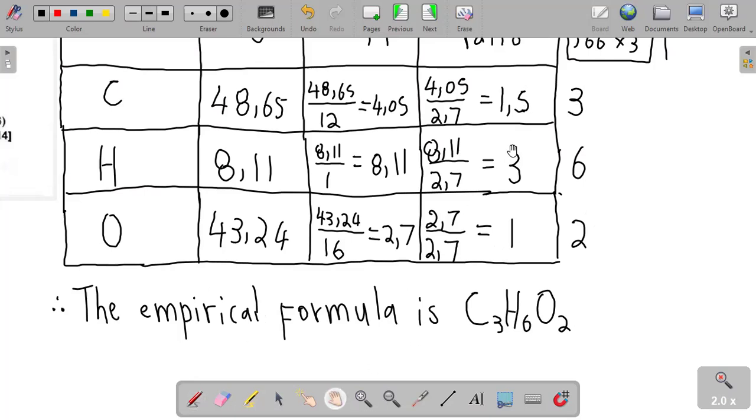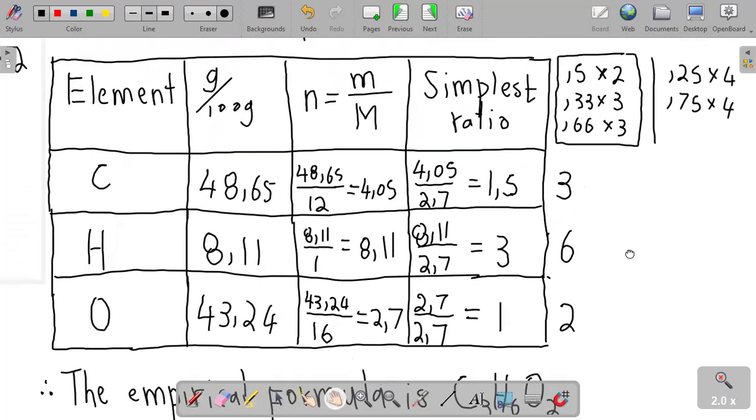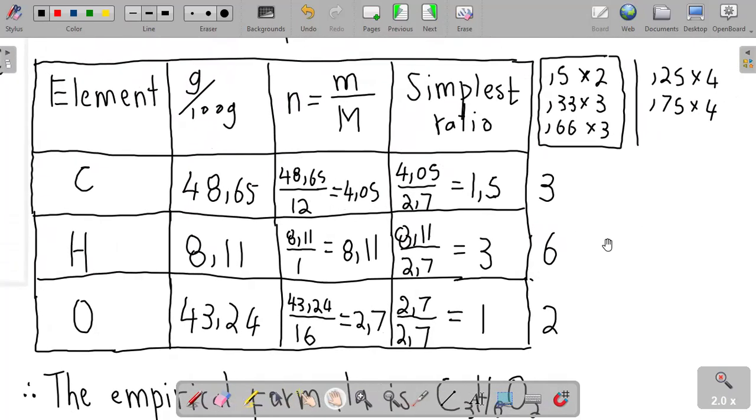It depends on the decimal that you have, because that's the one that tells you the multiplier you're going to use. If there was 0.75 or 0.25, then we would multiply by 4.